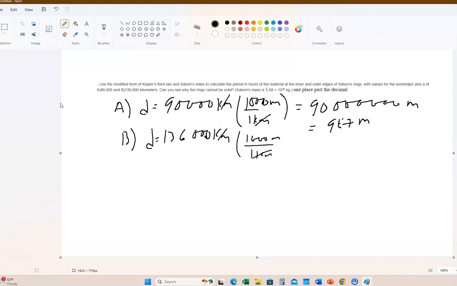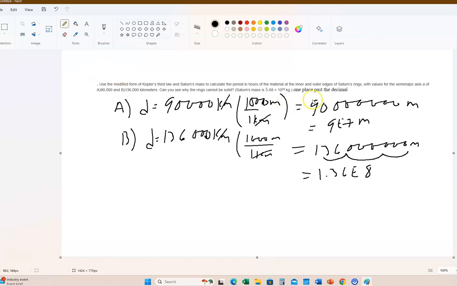Kilometers cancel, and so you could write it out as 136,000,000 meters, or you could move the decimal place 1, 2, 3, 1, 2, 6, and then 2 more, right? So that becomes 1.36 times 10 to the 8th. You can literally just count the decimal places, right?